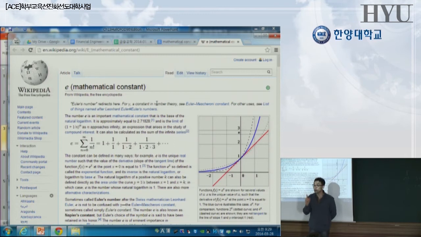This is the mathematical definition of E. And actually we use more of this one, e to the x.